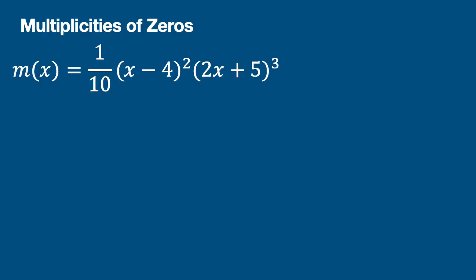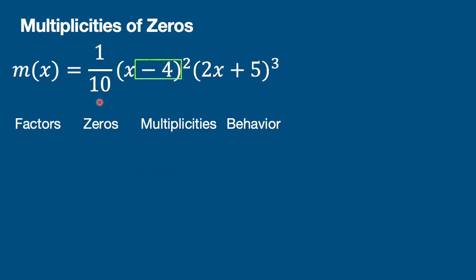Let's have another example to find the multiplicity, guys, okay? So this is a function. Let's find the factors, zeros, multiplicity, and behavior of the x-intercept. Factor first. What is a factor? X minus 4, right?